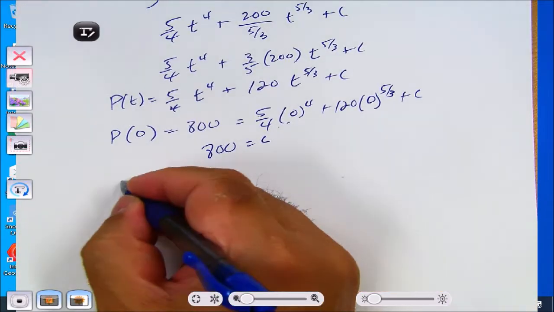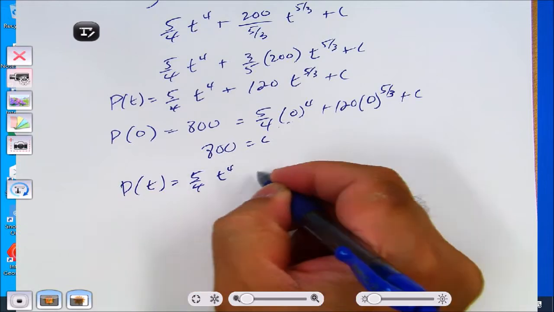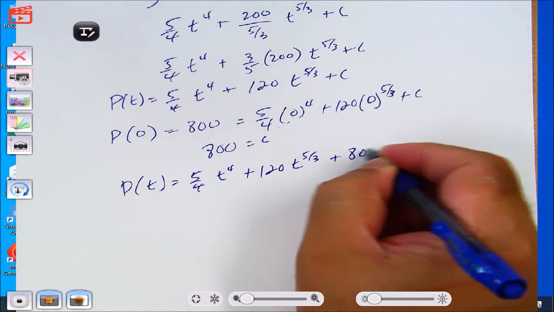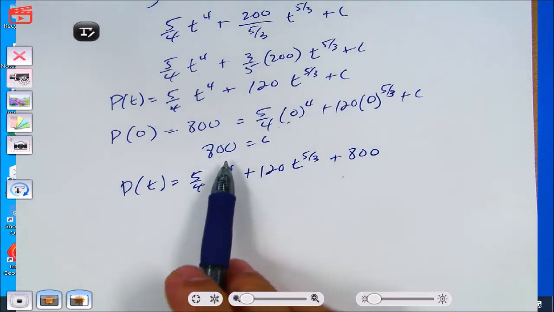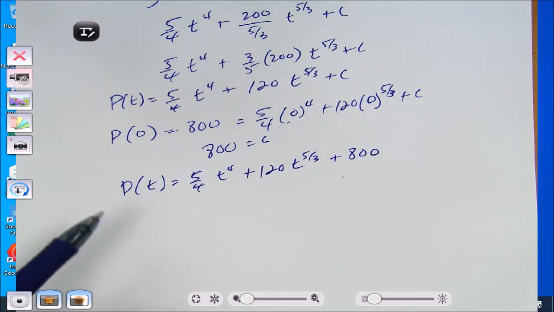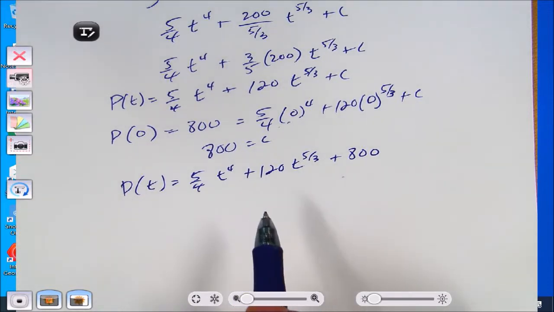So my population function equation is 5/4 t to the 4th plus 120 t to the 5/3 plus 800. Now, just because it is commonly C equals whatever the initial value is, don't count on that. It might be something else, especially if e to the x or natural log is involved.